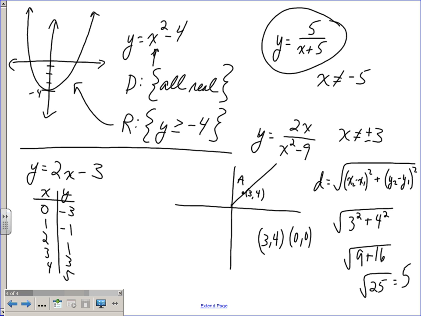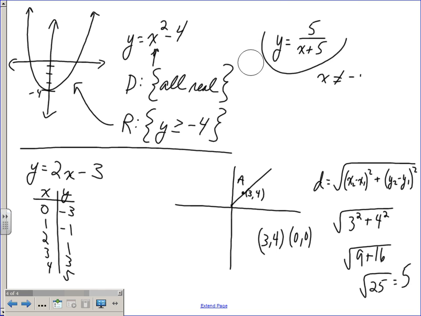R is 5. By the way, this is problem number 36, and we found R as being 5.